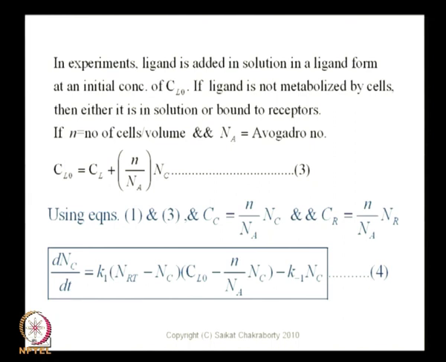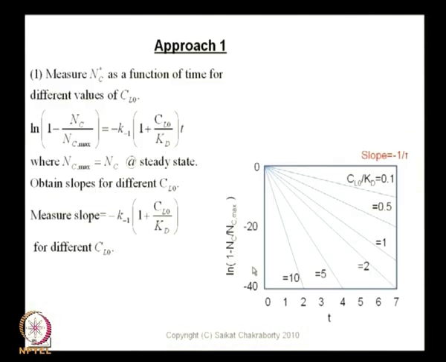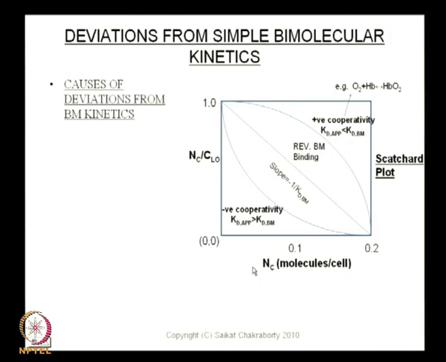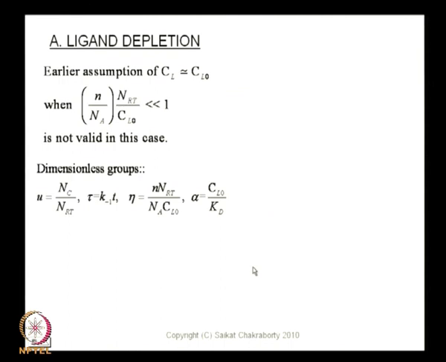So, this becomes a second order if I do not make any assumption on Cl naught, but before that I want you to make this dimensionless, and this is something that we will need later. So, I want to make this dimensionless using these dimensionless groups, which is u equals Nc over nRT, tau equals k minus 1 T, okay.